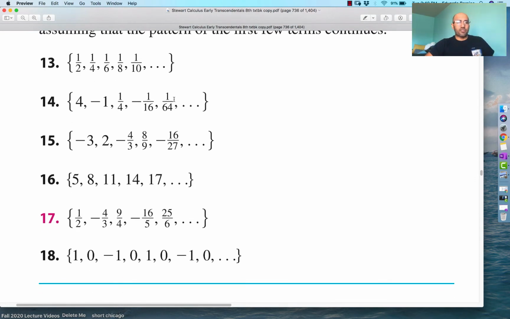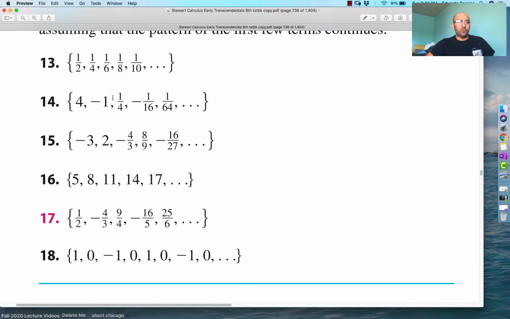So if we see fractions, it's a good idea to separate them and try and establish some pattern. So for number 14, for example, the first thing that would pop out to me is that the 4, the 16, the 64, those seem to be powers of 2. So maybe that's a clue of something that has to do with powers of 2.